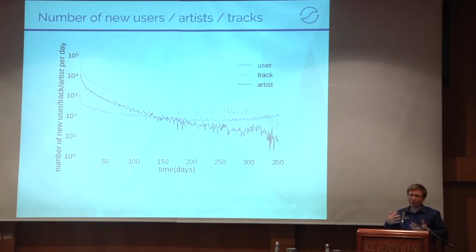However, the number of new incoming users and tracks does not drop and keeps up over time. So there are a lot of new users and tracks that come into the system. However, new artists slowly disappear. This is reasonable, I guess.